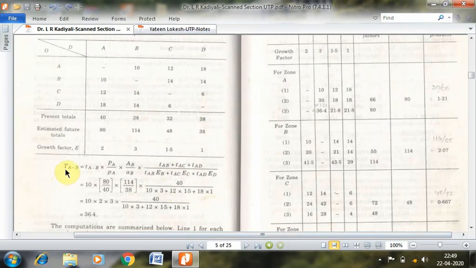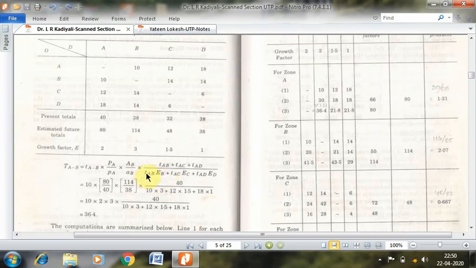In case I want to find the total number of future trips between A and B, that is capital TAB, it would be equal to small TAB multiplied by PA divided by small pa, capital AJ divided by small aj, and then multiplied by the summation of all the present trips happening between A and other zones, so TAB plus TAC plus TAD, divided by the summation of the product of the present number of trips and the corresponding growth factor of the destination.